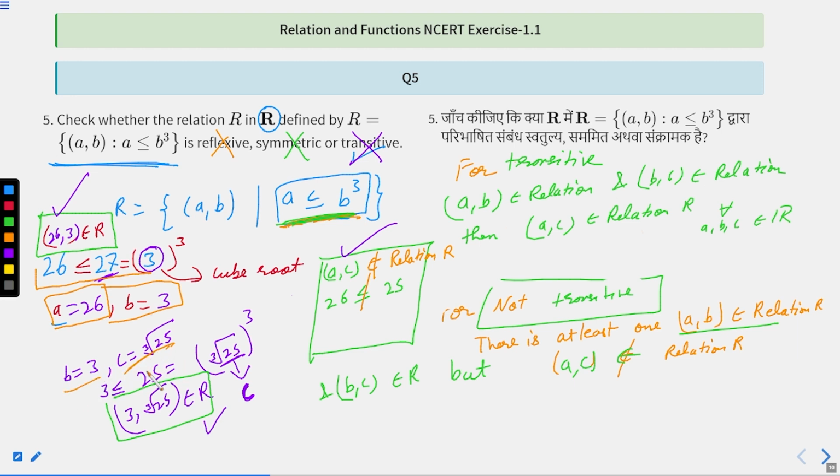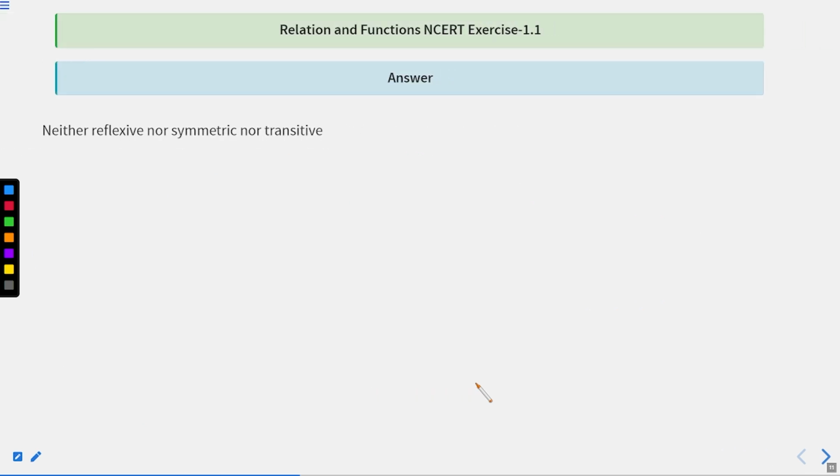And then from that position I concluded that the pair (a, c) does not belong to the relation R. I hope it is very clear to you. Let's move to the next. So neither reflexive nor symmetric nor transitive.